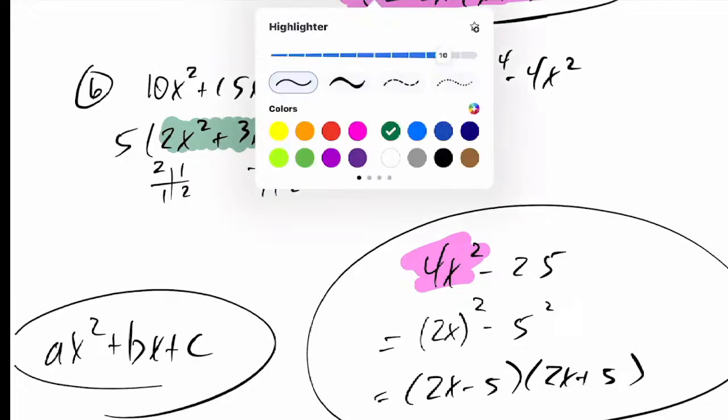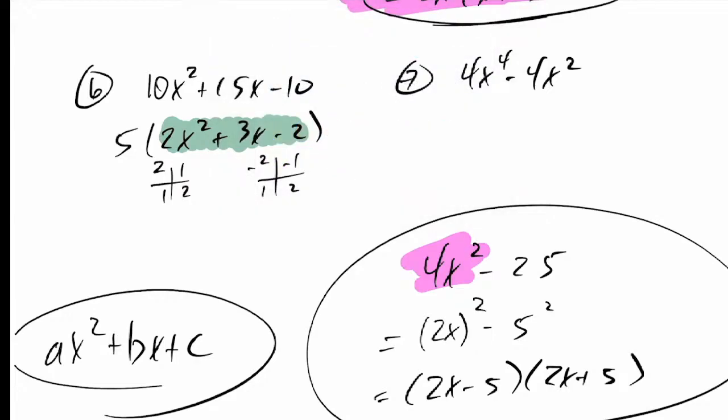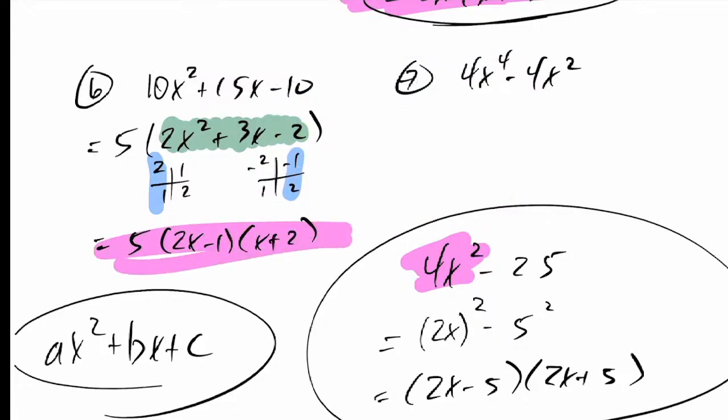You need to think of two numbers that multiply to be, the diagonals will give me a 3 here is what I'm looking for, in which case I can grab these two columns. So this is going to factor into 5 times 2x minus 1 times x plus 2. And that's the answer to 6.